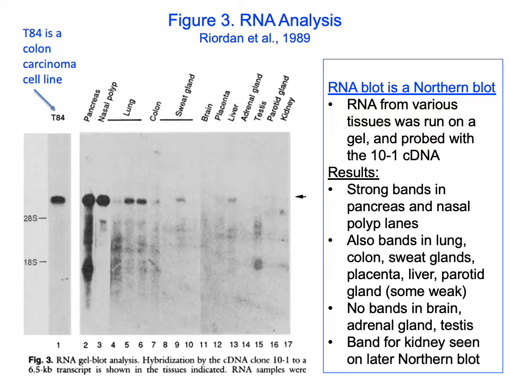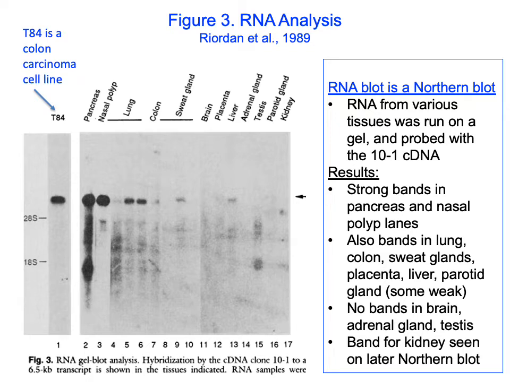In the Rorden paper, the next thing they do in figure 3 is to show us some RNA analysis. So on the right-hand side in the box, I'm reminding you that an RNA blot, which is how they've labeled this figure, is the same thing as a northern blot. So RNA from various tissues, and those are listed across the top of the gel, was run on a gel, transferred to nitrocellulose, and then probed using that 10-1 cDNA.